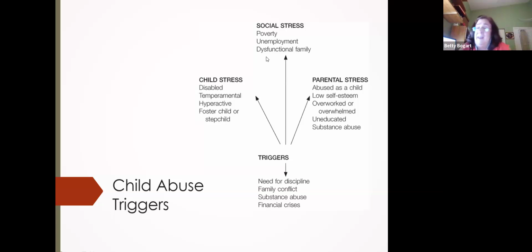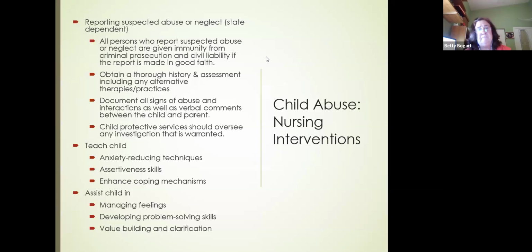Uneducated, and then, of course, any sort of substance abuse can cause child abuse. Now, what is a trigger? Kid did something wrong, and that parent goes after them, but abuses them more than what they should. So that need for discipline is beyond, it's abuse. Something going on in the family, financial problems always, and of course substance abuse.